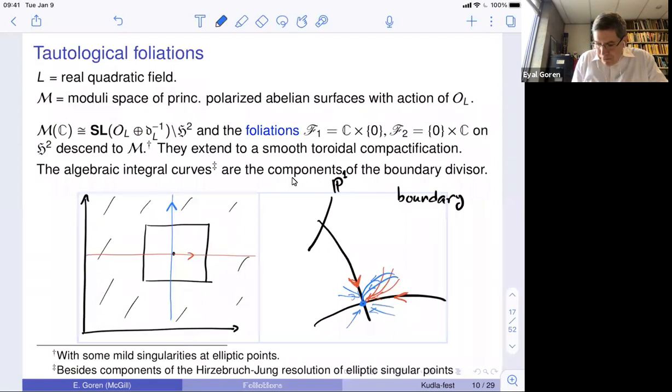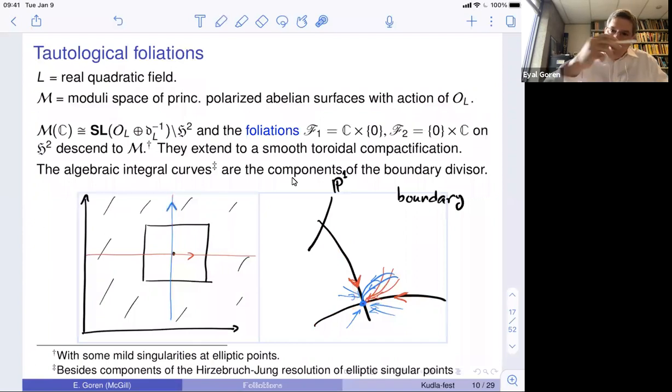Now, the only algebraic integral curves, something you can prove, are, morally speaking, just the components that you add at the boundary in the smooth toroidal compactification. Any other integral curve that you had transcendentally actually remains transcendental when you go to the Hilbert modular surface.